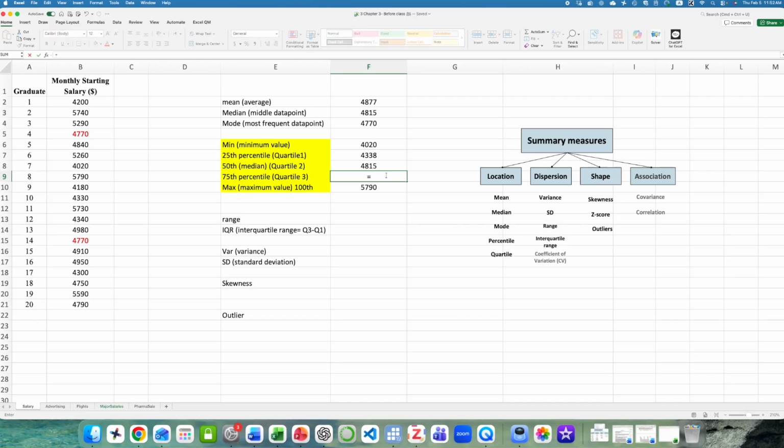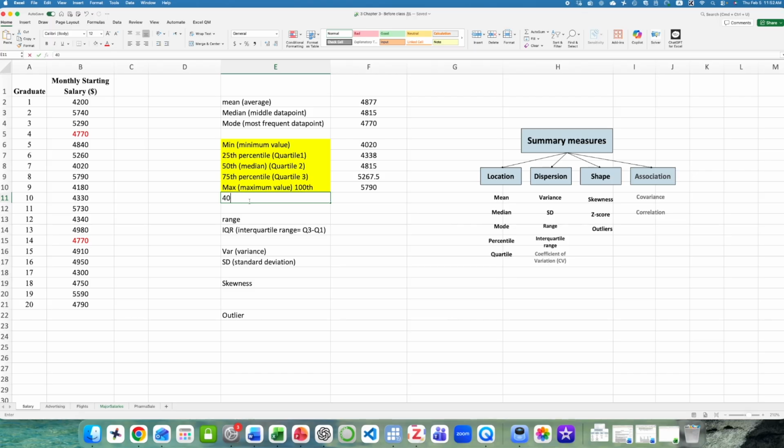For the 75th percentile, that's equal to percentile, select the array, comma, 0.75. 75% of the graduates have a salary less than $5,267.5.